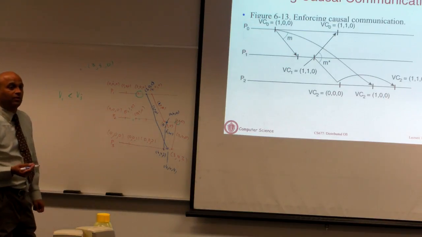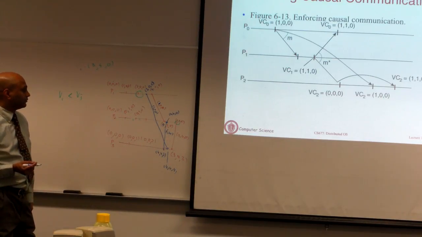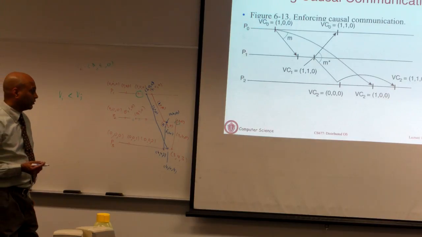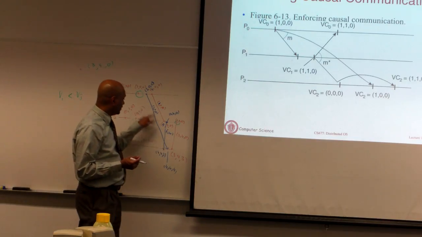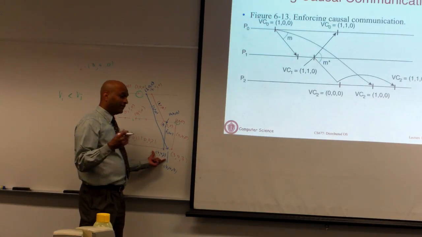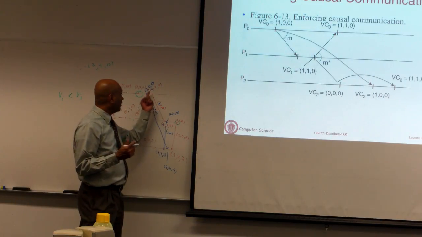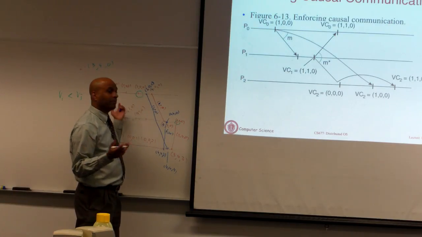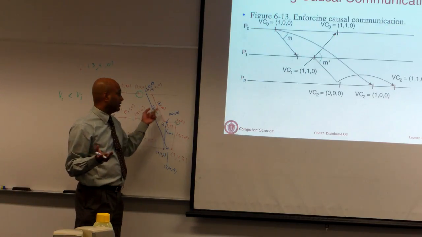So the ordering of these events: on P1, 3 0 0 happened before 4 0 0, but if you compare those timestamps on P3, you don't get an ordering there. You just get an ordering of the events on P3. In fact, when this message is received here, you can even tell that I already know a more recent event from P1 because of this transitive property, and this is a message that just arrived more slowly than this other message.